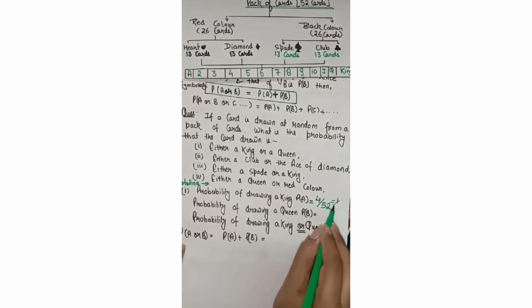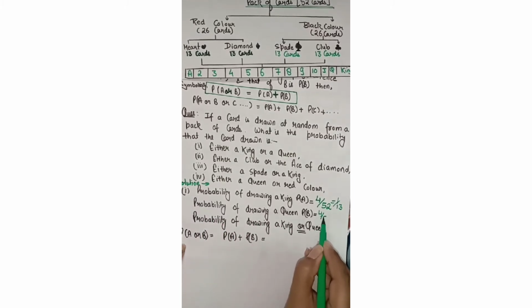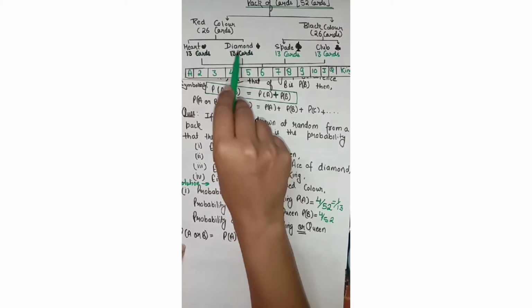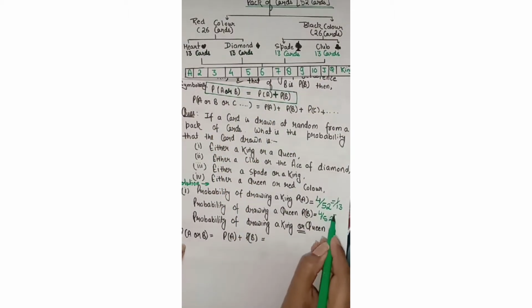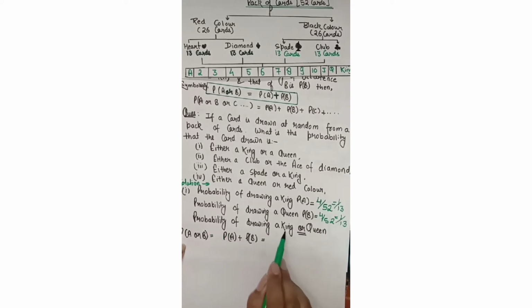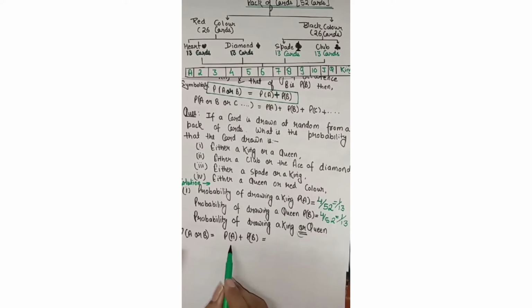That means 1 by 13 is the probability of drawing a king, and the probability of drawing a queen similarly would be 4 by 52, as you know that there will be a queen in the hearts, diamonds, spades and clubs. So here the probability will be 1 by 13. So probability of drawing a king or queen will be denoted with this addition theorem.